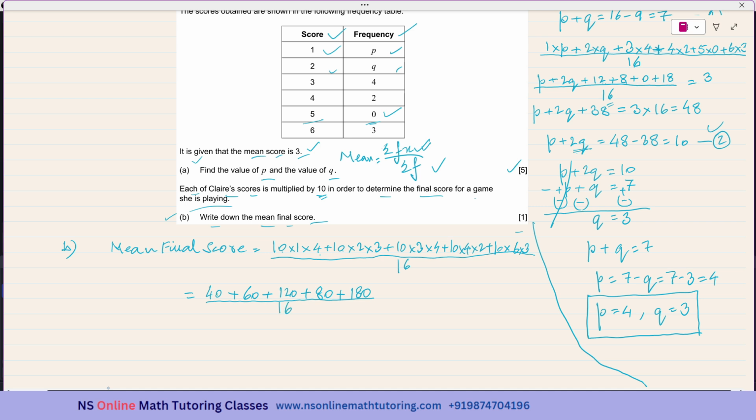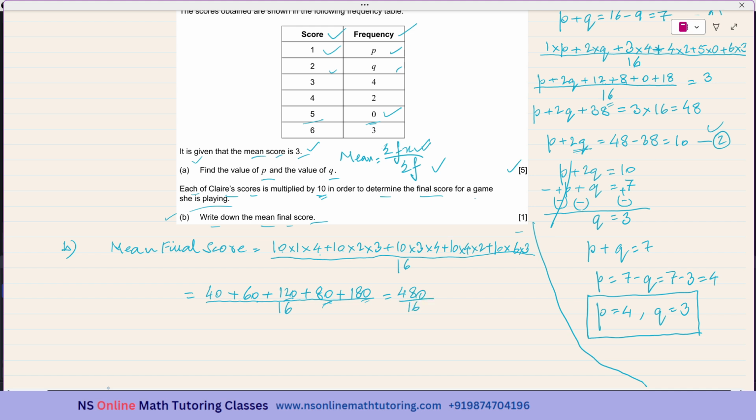So 40 plus 60 is 100, 100 plus 120 is 220, 220 plus 80 is 300, 300 plus 180 is 480. So it is 480 divided by 16.